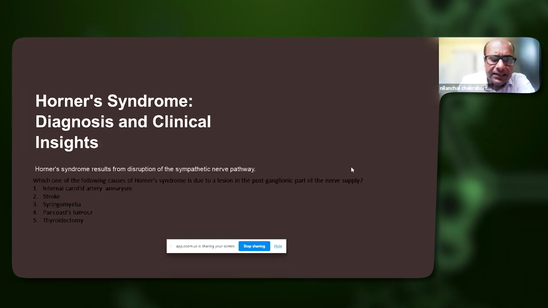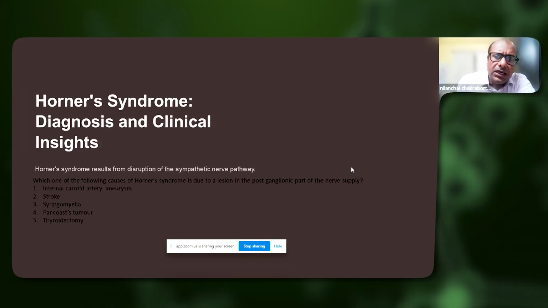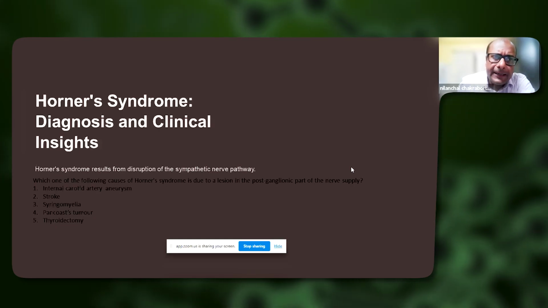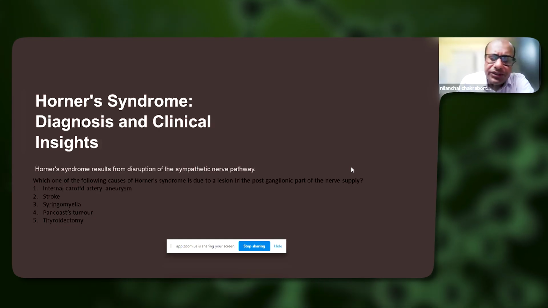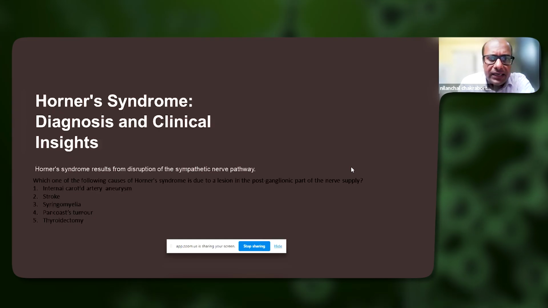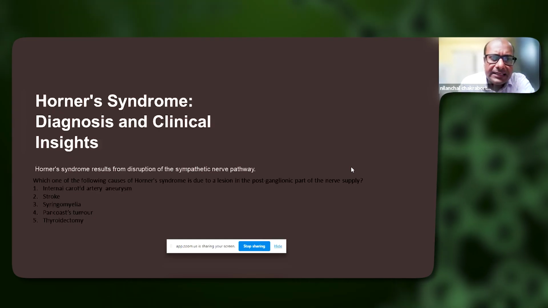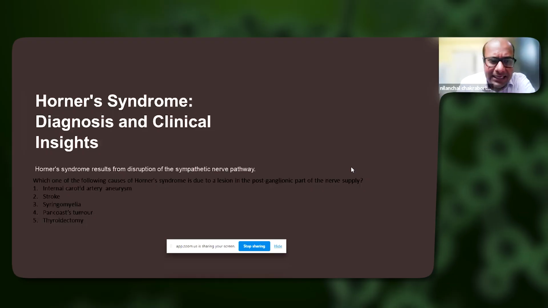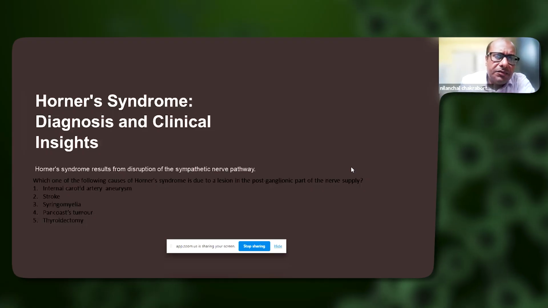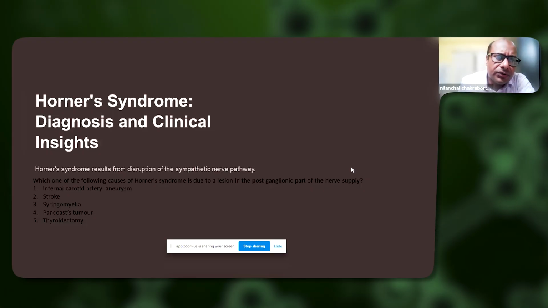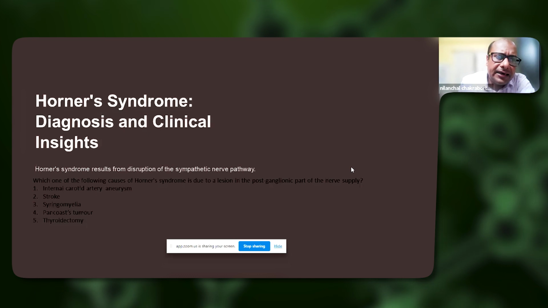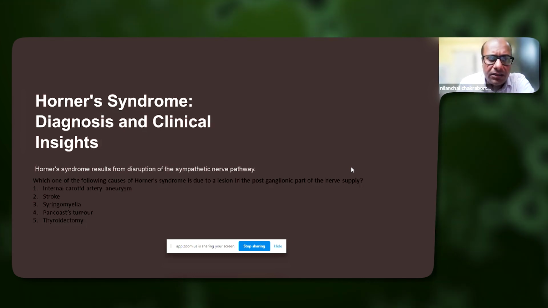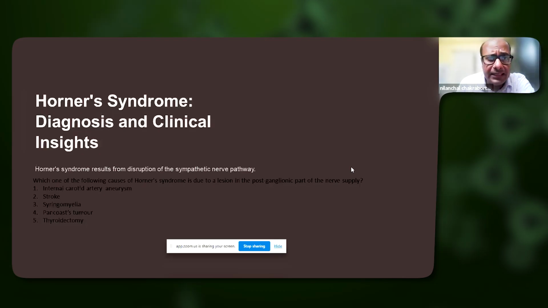The other topic is Horner syndrome, where, depending on whether it is preganglionic, ganglionic, or postganglionic, the features will be different, and the question may come like, what is the cause of Horner syndrome in these cases? So, depending on the site of the lesion, the cause may be internal carotid artery aneurysm, or stroke, or syringomyelia, or maybe Pancoast tumor, or post-thyroidectomy palsy.